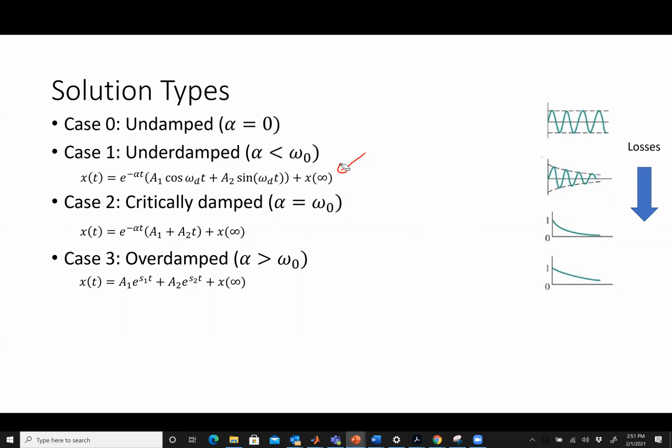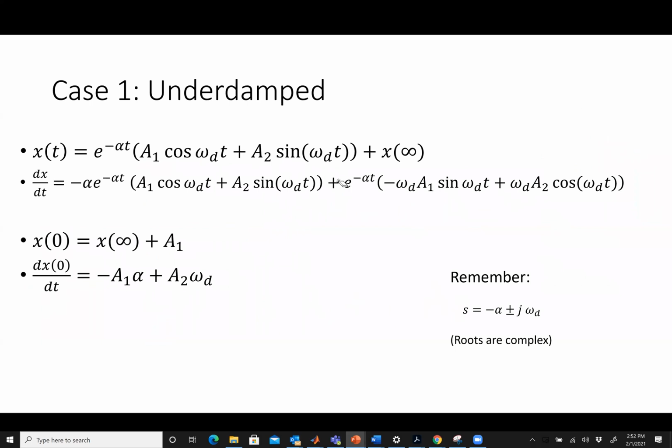Now, if I do that for something like this guy, well, that's kind of ugly, right? Because I have all kinds of time domain expressions there. So what I did was try to summarize those here for us, okay, and put these in the notes so you guys can look back to them. If I take the derivative of that underdamped expression, I got to do the product rule, right? So the derivative of this guy times this guy, and then you got to reverse that. So I get the expression that's shown here, and I didn't want to waste time doing the calculus on that here.